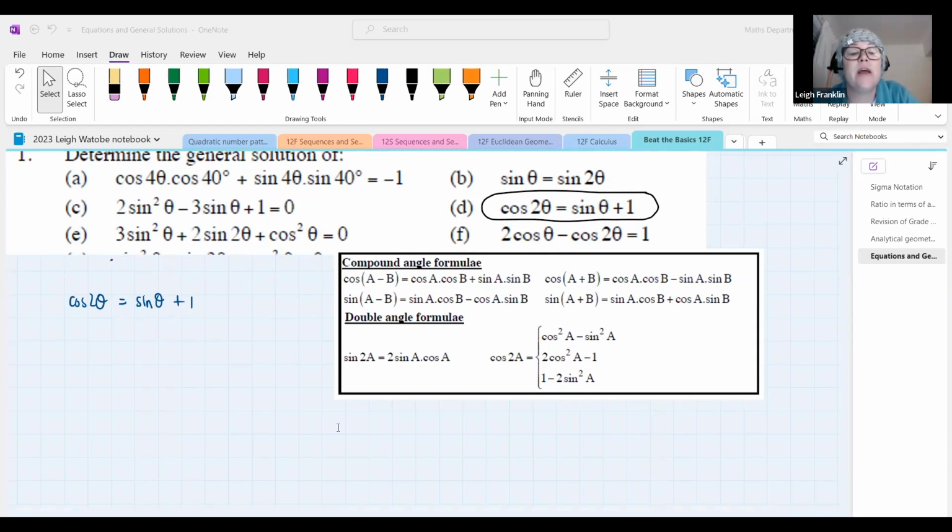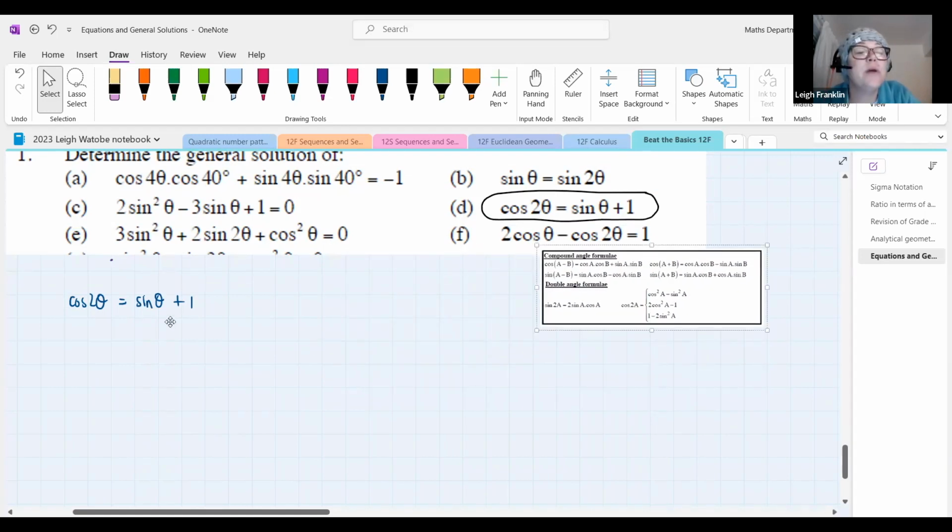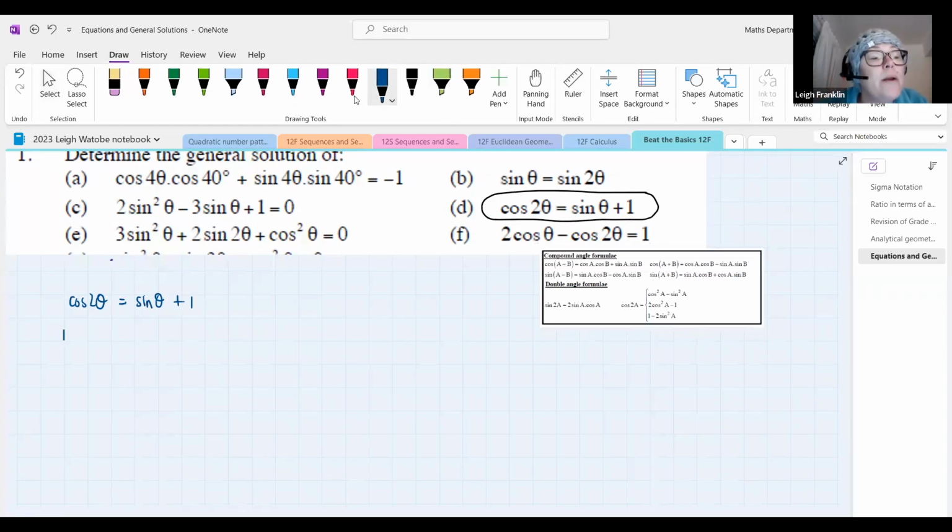make yourselves a trinomial. Okay, so we're going to write cos 2 theta as 1 minus 2 sine squared theta equals sine theta plus 1.